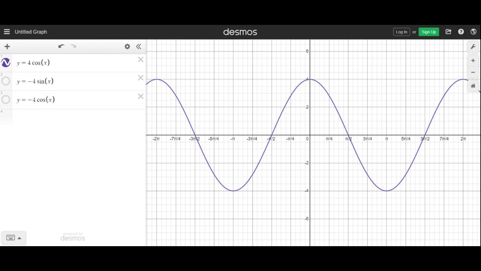It's going to shrink. It's going to compress back down towards its resting position. That's what you can see with the start of this graph. We start up at positive 4, and it's compressing towards its rest position, which happens right here.